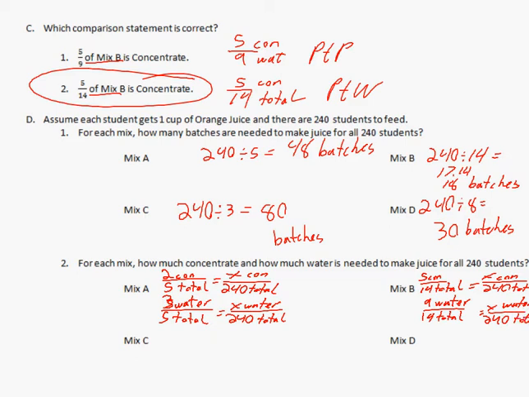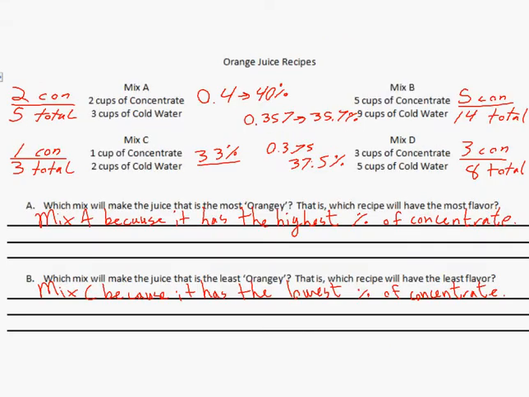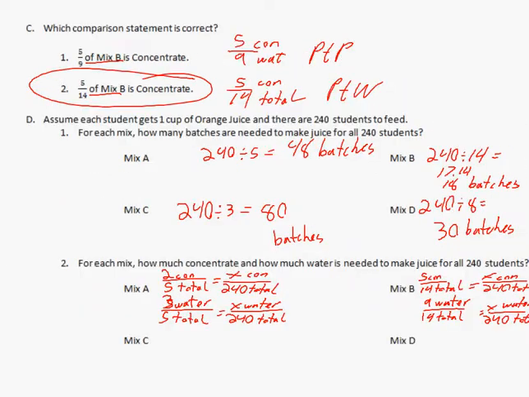Now, mix C, if we go back, is 1 cup concentrate, 2 cups cold water. So 1 con over 3 total, 2 water over 3 total. Other half is going to be the same, x con over 240 total, x water over 240 total.